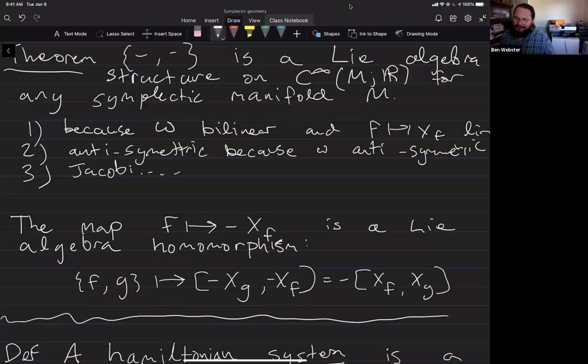Again, it sort of comes down to using these compound formulas and, as always, the fact that omega is closed, right? So in 1 and 2, I never used that omega was closed. So it's got to come up somewhere.